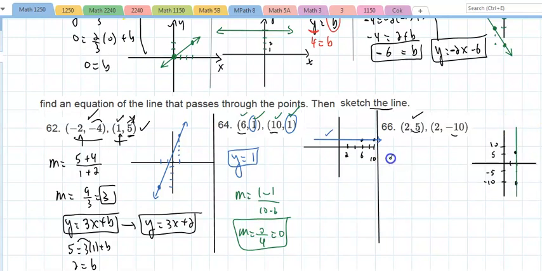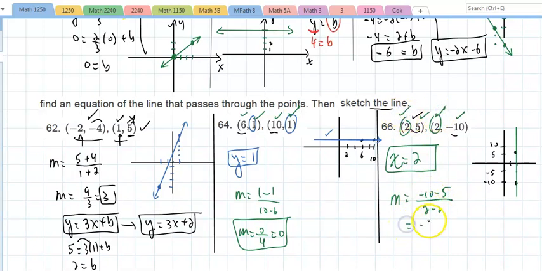For a vertical line, x equal a number. Which x should I choose? Well, guess what? You can't get it wrong. And if you decided to find the slope and say that's negative 10 minus 5 over 2 minus 2, you're going to get negative 15 over 0, and that's going to tell you the slope is undefined. If you could recognize that quicker, you really don't have to do much work.